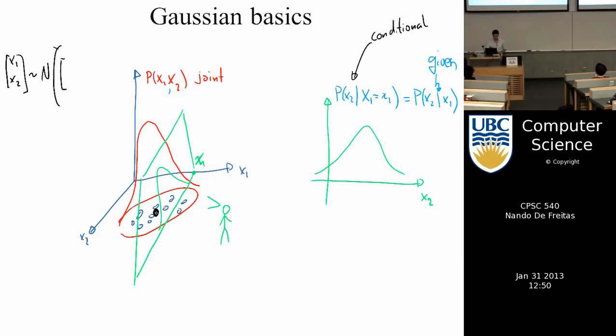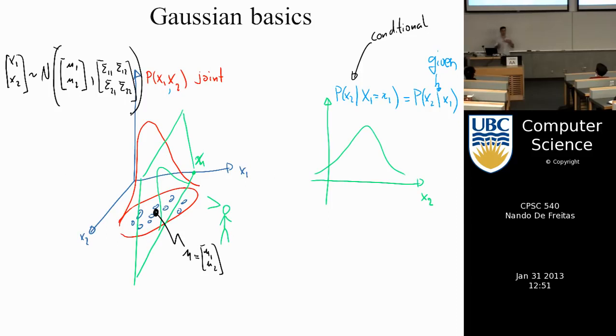The mean is the center. And let's assume that it has a covariance that's sigma 1,1, sigma 1,2, sigma 2,1, and sigma 2,2. Okay. So that's our Gaussian that describes that cloud of points in that plot.